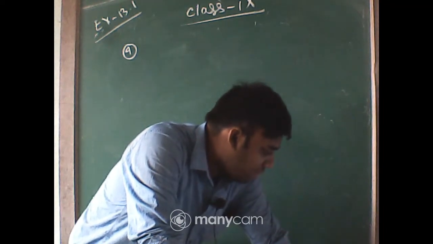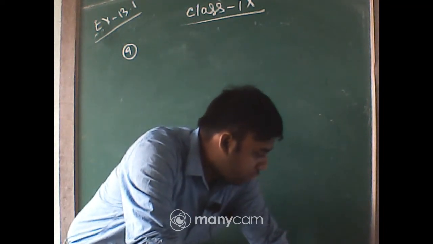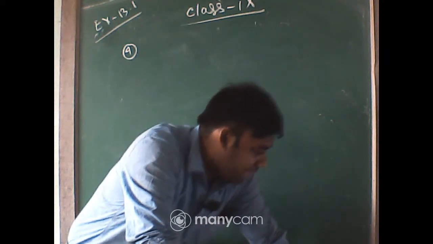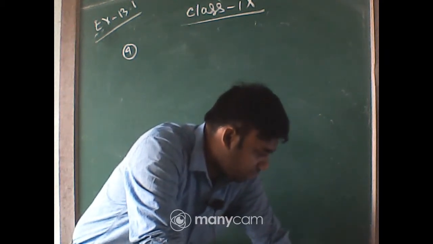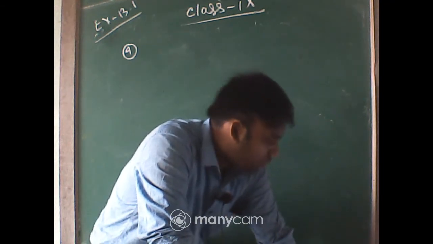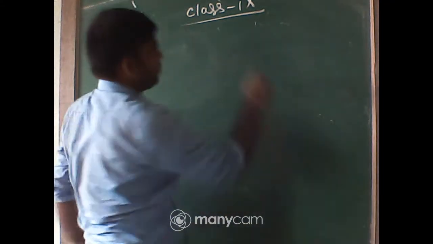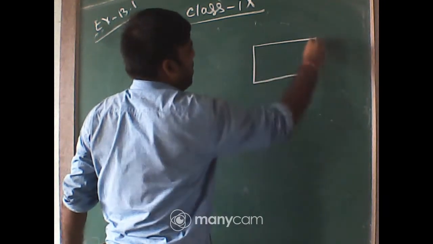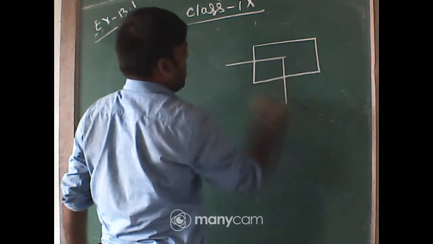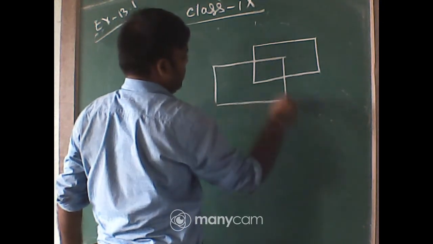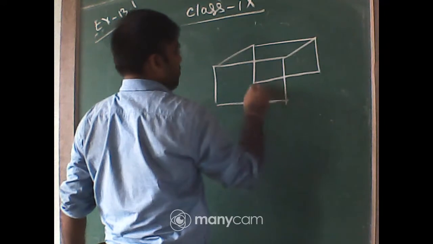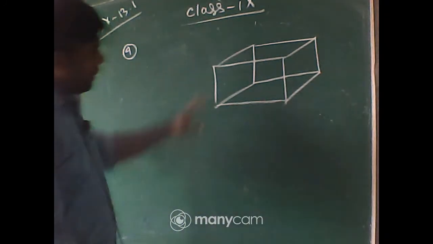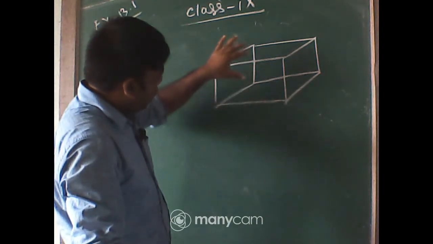How many bricks of dimension 22.5 centimeter, 10 centimeter and 7.5 centimeter can be painted? First of all, students, that is the container, and that container we have to paint.